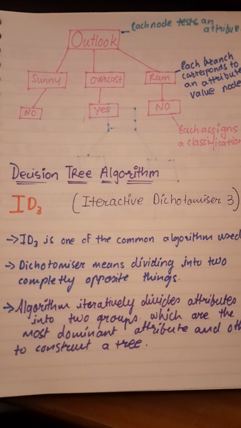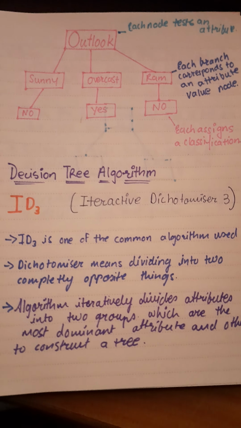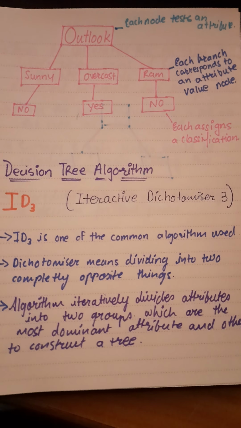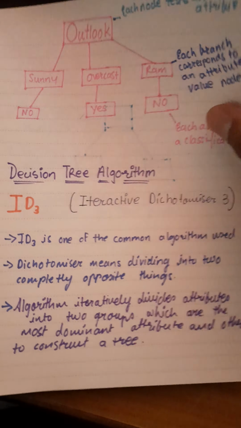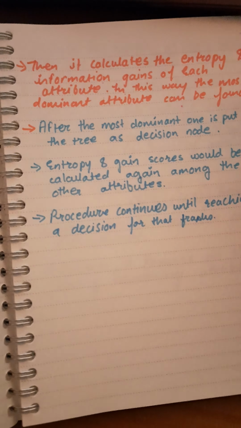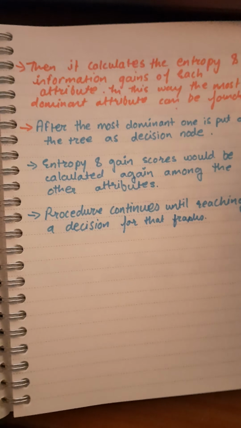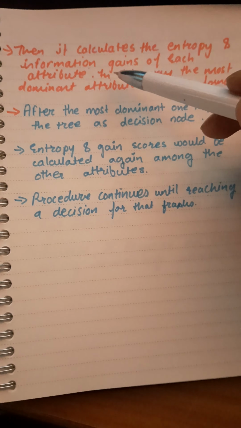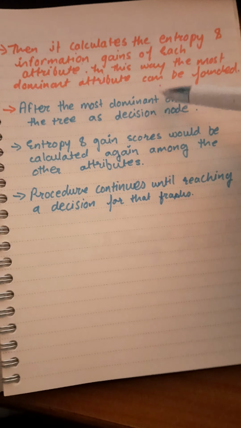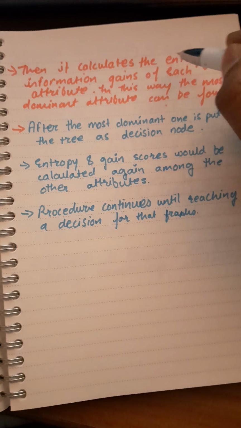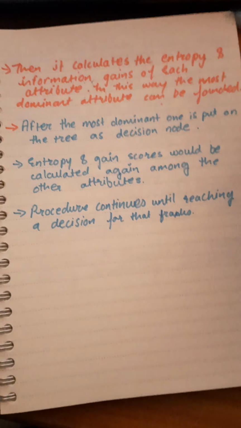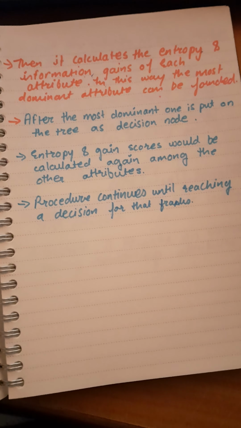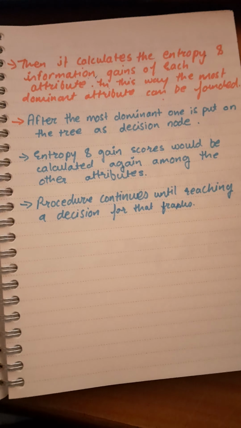The next point is the algorithm iteratively divides attributes into two groups, the most dominant attribute and the others, to construct a tree. Then it calculates the entropy and information gain of each attribute. As we can see, entropy and information gain, these two formulas will give you the gain of each attribute.